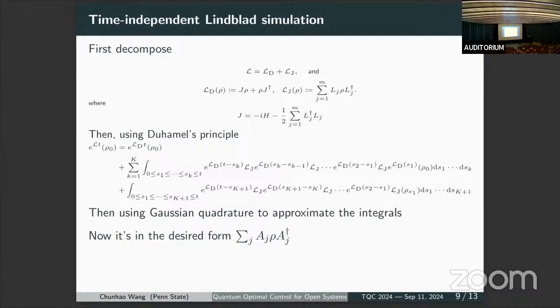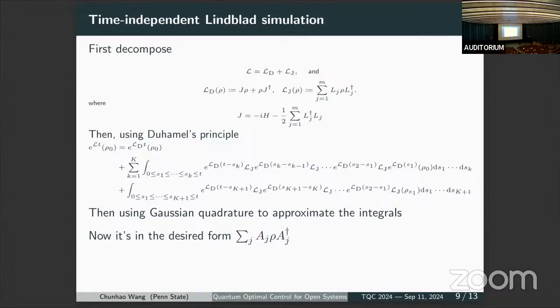So K is what controls how precise this is. This is the equality because this is the error.